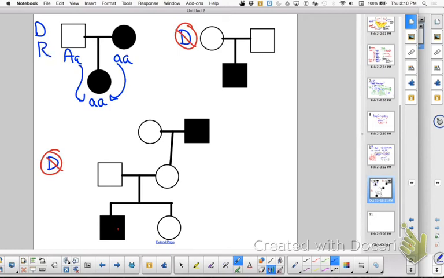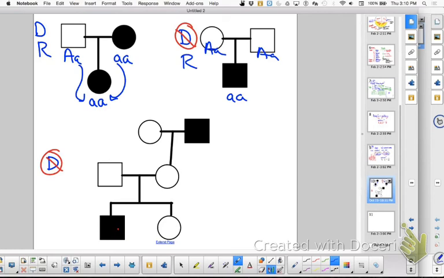Will this one work with a recessive disease? What is it when you have the disease? Little a, little a. Is there any way they could each do that? Yeah. How? Big A, little a each. Exactly. So will this work with recessive? Yes. Okay, will this one work?